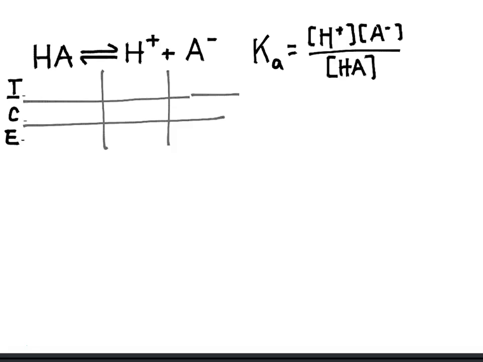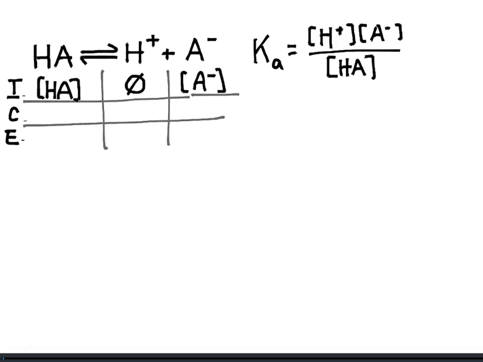Now if we set up an ICE table and plug in our initial concentrations, the Henderson-Hasselbalch equation is based on when we have some amount of acid present and some amount of base present initially.